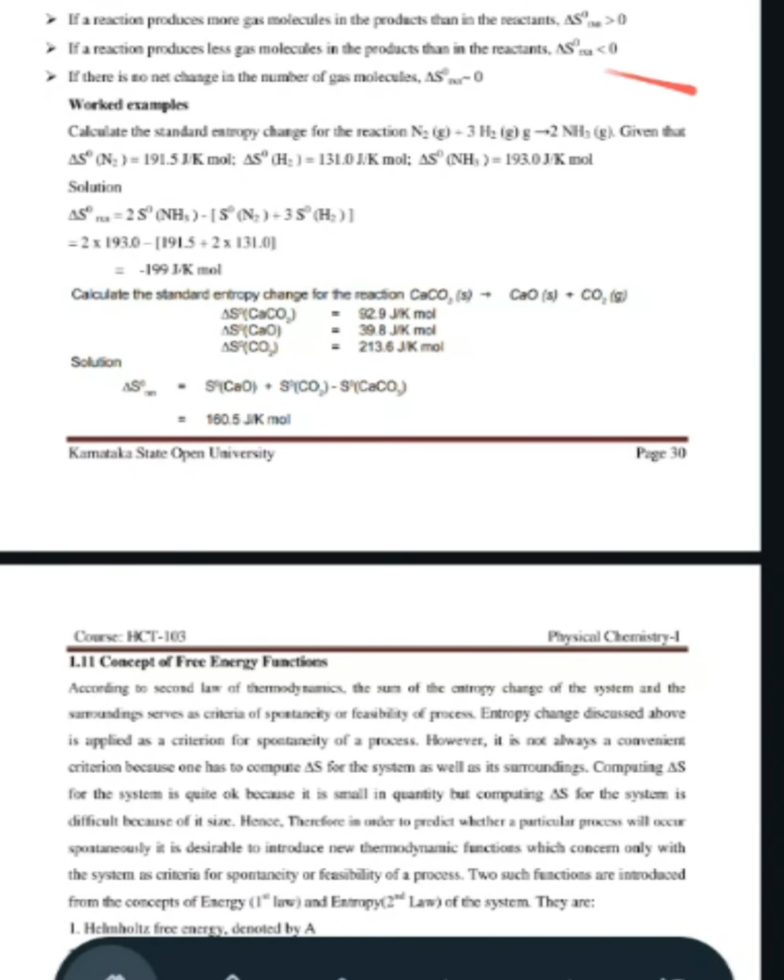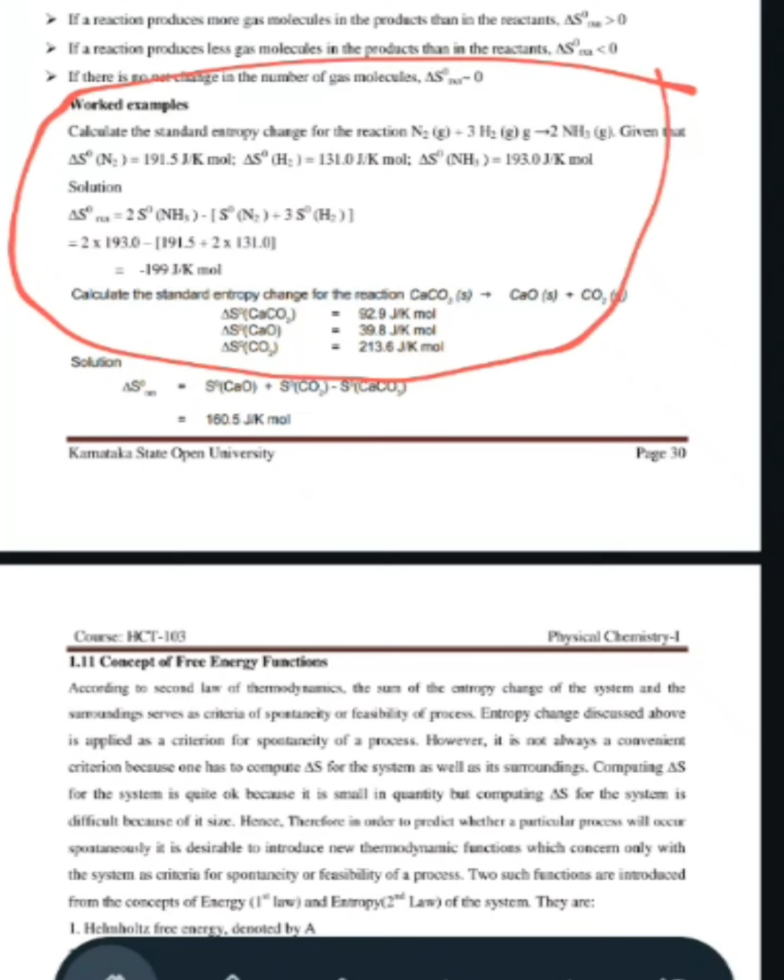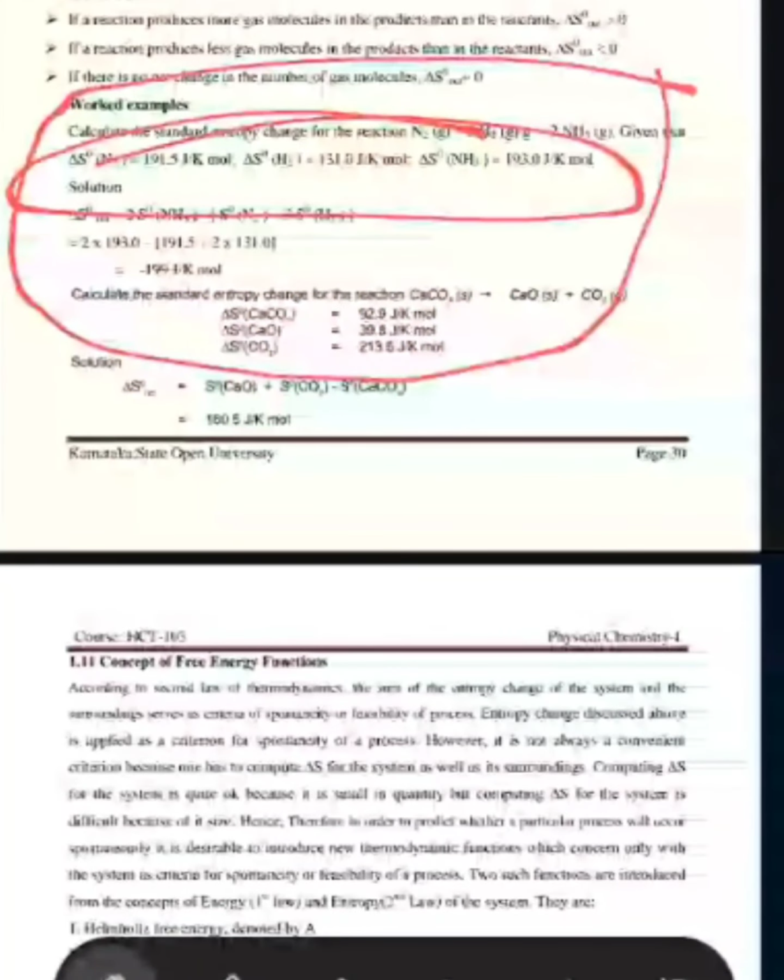So here we are going to calculate one problem they have given here. Here we are going to calculate the standard entropy change for the reaction where nitrogen and hydrogen form ammonia. So S naught of nitrogen is 191.5 joules per Kelvin mole. S naught of hydrogen is 131.0. The formation of ammonia, that is 193.0 joules per Kelvin mole.